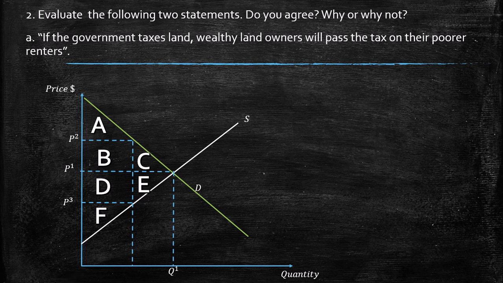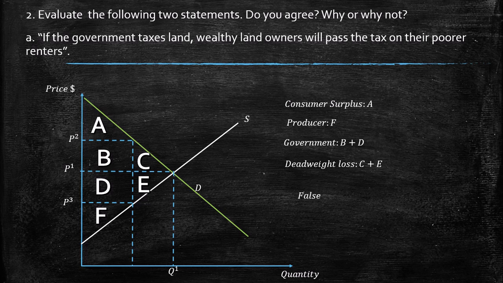But why is this kind of false? Because remember, when there is a tax, both parties have to split it. We have to take into account that it depends on elasticity which curve is going to be charged more, because the curves that are more inelastic are going to bear more of the tax.